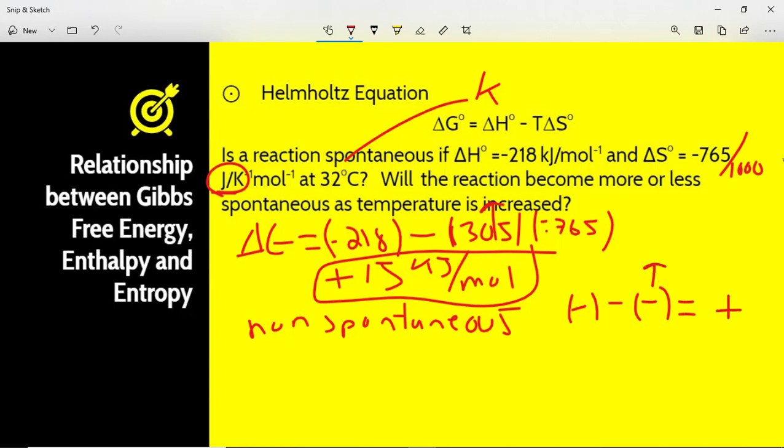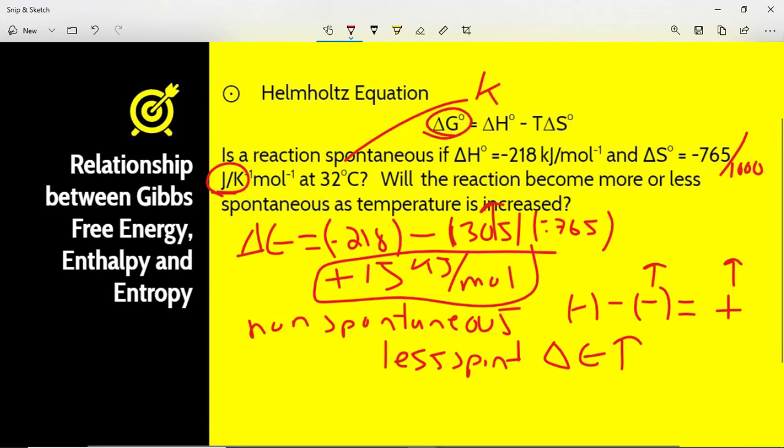So this actually becomes less spontaneous, because the delta G value continues to increase. So again, just some math that's associated with this. It's pretty straightforward to plug in and solve, but remember, the whole goal of this is focusing on if delta G is positive or negative.